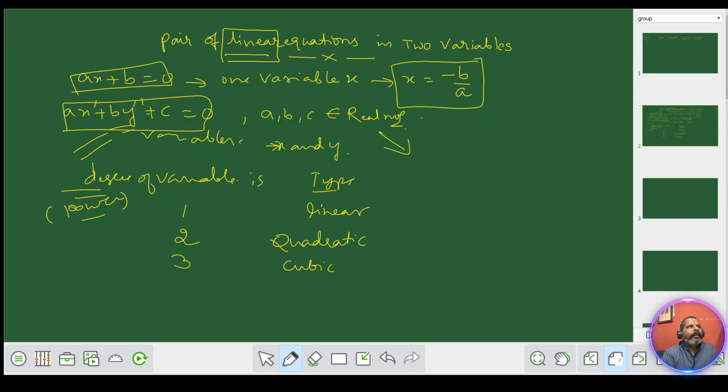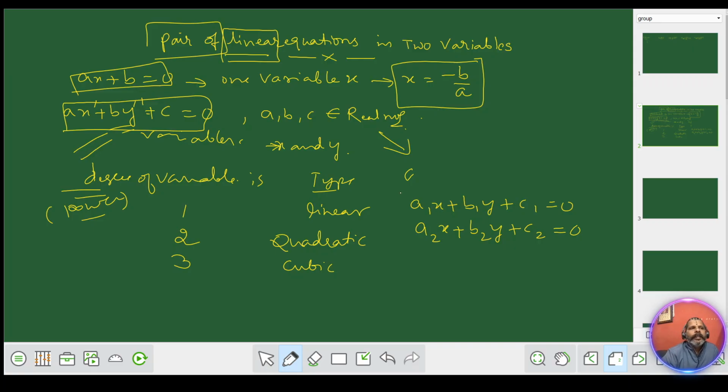See the chapter name, pair of linear equations. What do you mean by pair? Pair means there will be two linear equations. How do we form that? It is like this: a1x plus b1y plus c1 is 0, and a2x plus b2y plus c2 is 0.